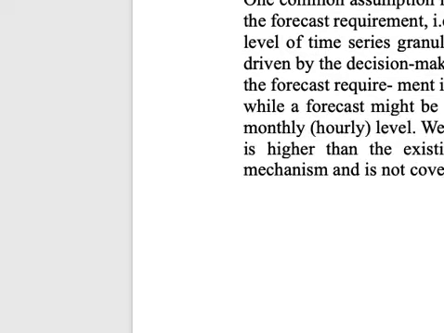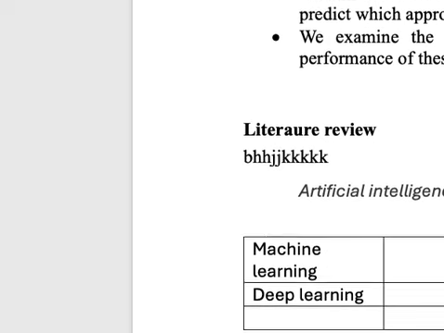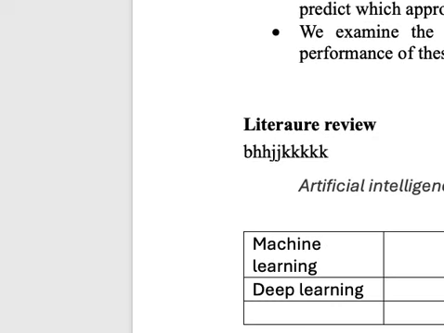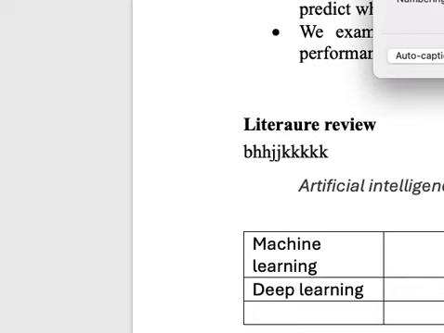If you want to automatically number your tables, you can make use of the reference tab there. What you do is you go to that section, you can see insert caption there. You click on that option, you can see insert caption. This small window pops up. It shows the caption.